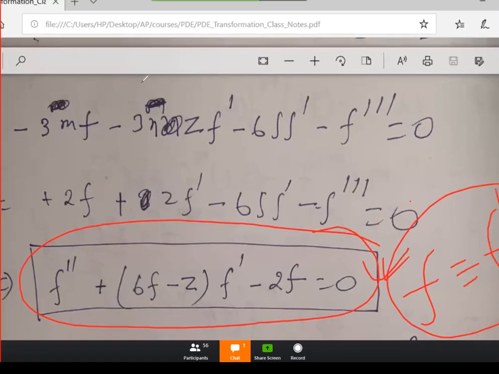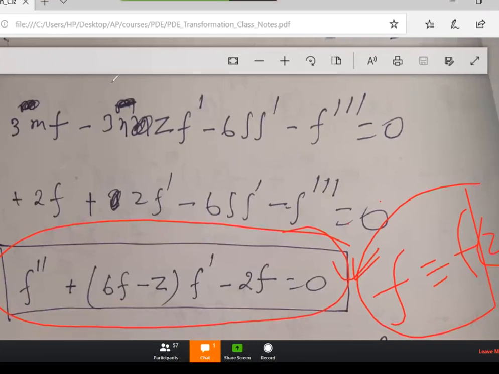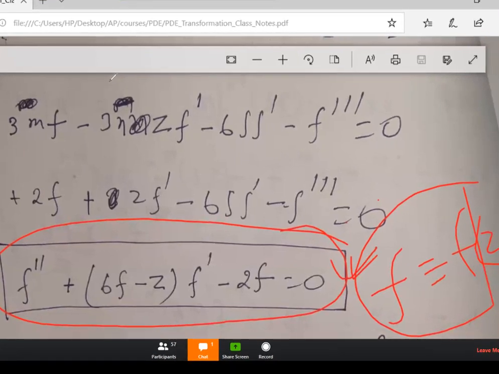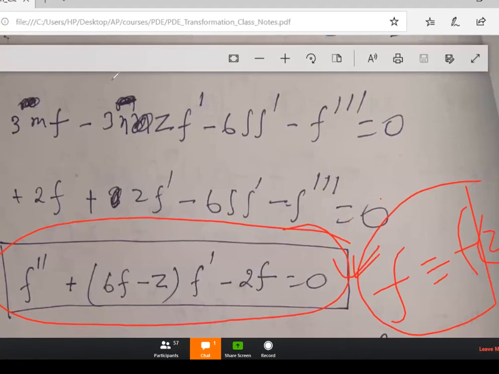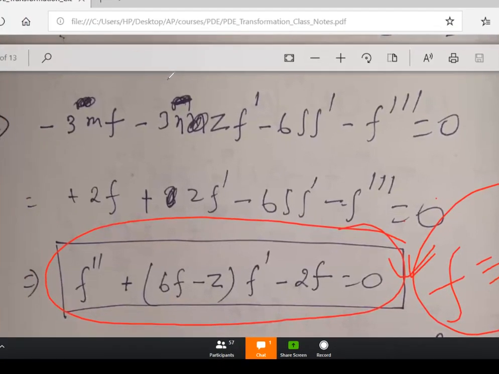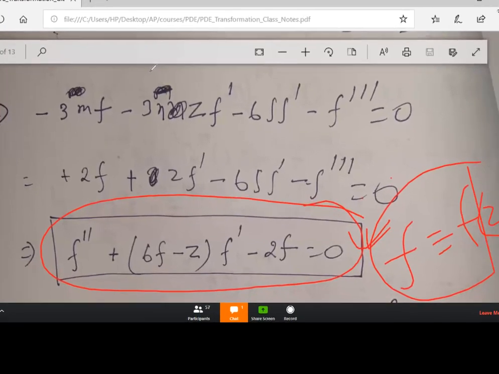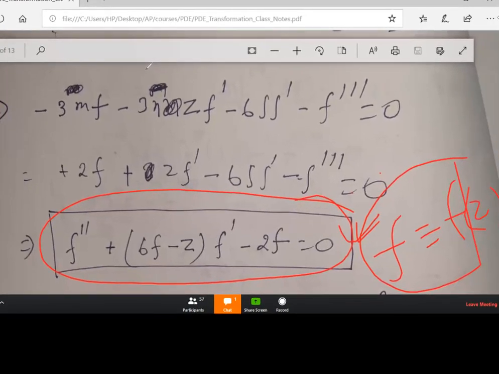So on Monday we'll have a lecture on integrability, but the main aim in this lecture is to convert PDE to ODE using certain transformations. Last class we have seen two. Today we have seen similarity transformation.